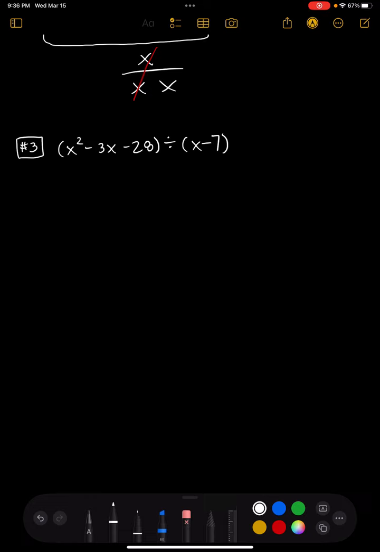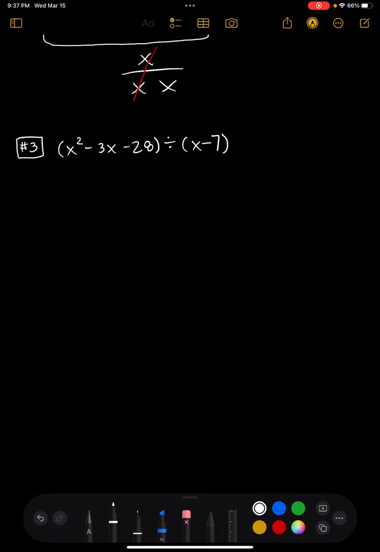Now there's 2 different ways that we can do this. One way is with what's called synthetic division, and the other way is with what's called long division. And synthetic division tends to be easier, so we're going to use synthetic division in this case. Next year you'll learn about both of the different ways, the long and synthetic, but for this year we can just use the easier version.